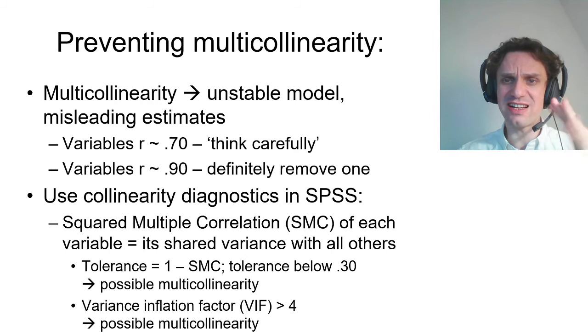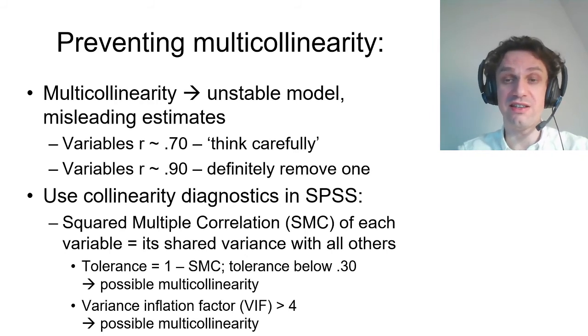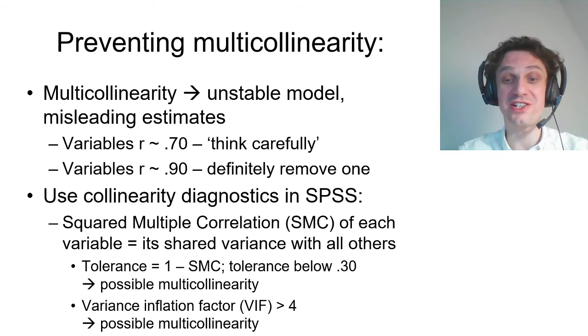If the correlations are around 0.70, it is possible to use these variables in regression, but still you need to be aware that your statistical power might go down, and ideally the predictors should be almost uncorrelated. And you can also use special statistics to evaluate the presence of multicollinearity, to evaluate the presence of redundant variables.